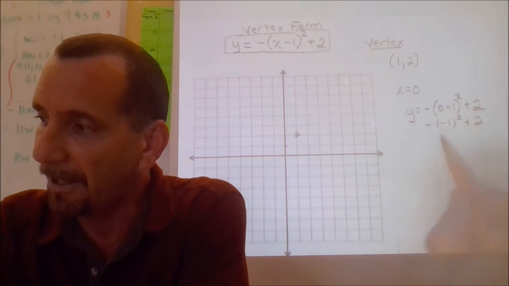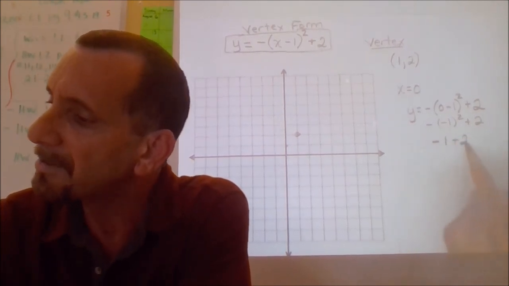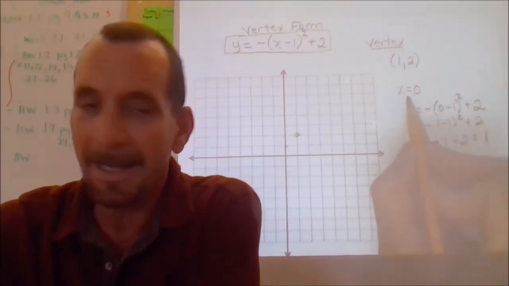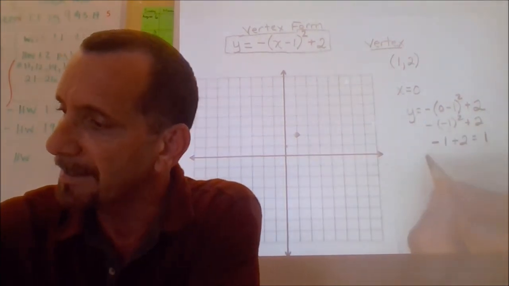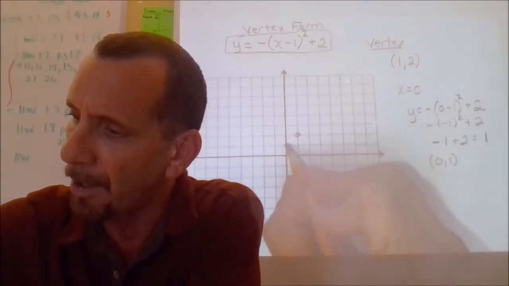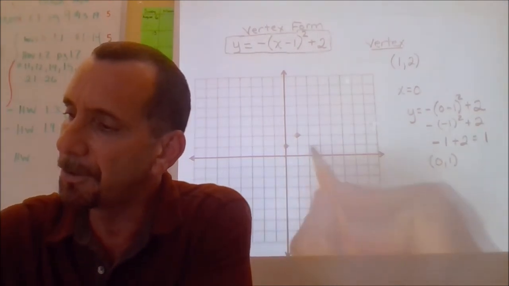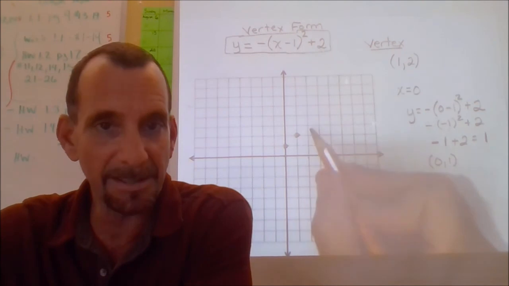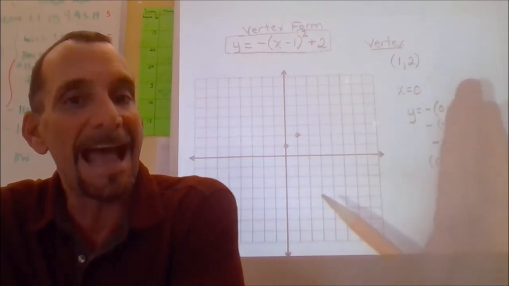But we have to carry that negative down here, so we have a negative 1 plus 2, and that equals a positive 1. So when x equals 0, y equals positive 1. So let's just plot that point, 0, 1. Oh, look at that. So what would you assume when x equals 2 is going to be the next point on this side of the axis of symmetry?